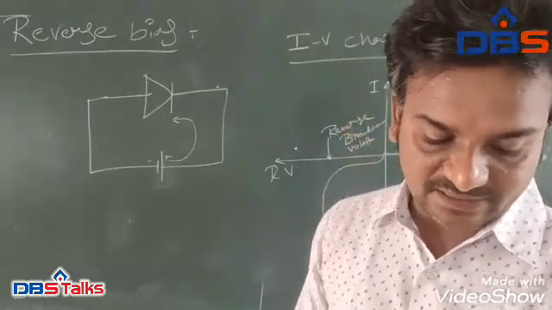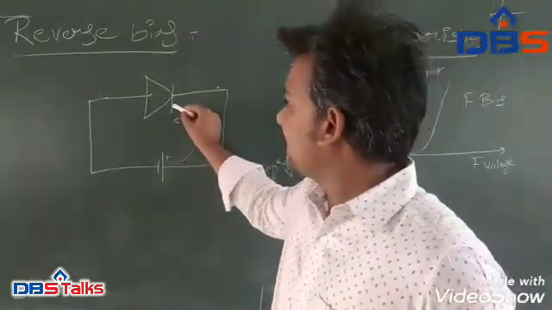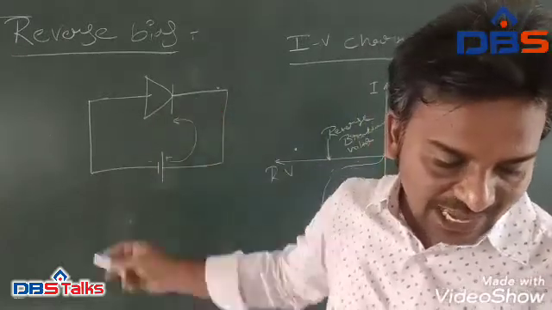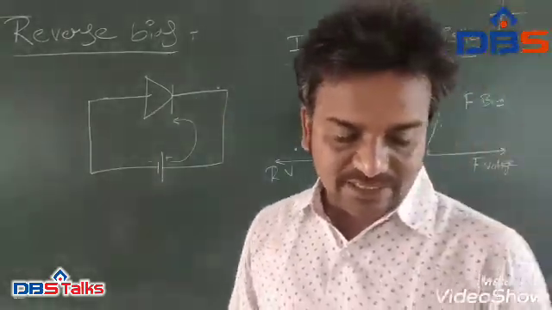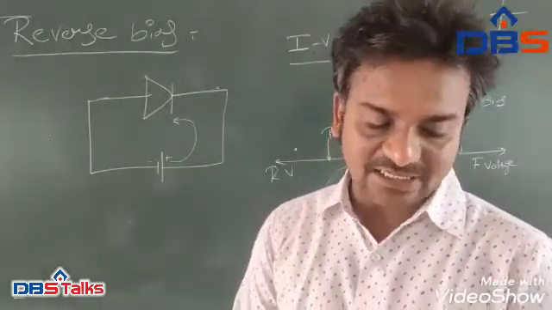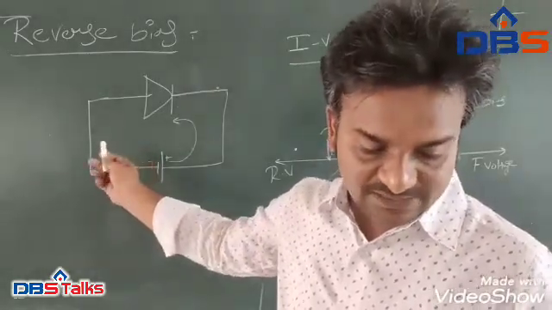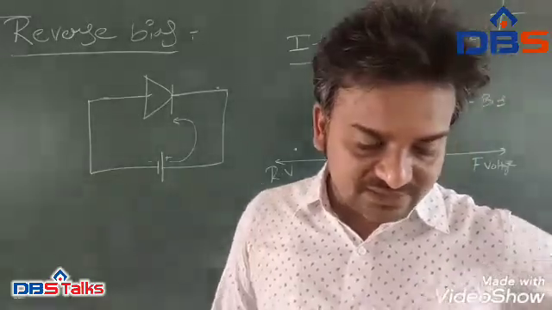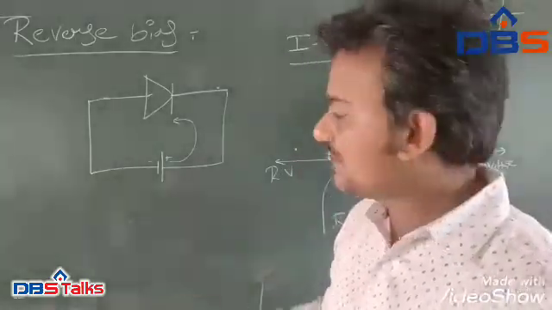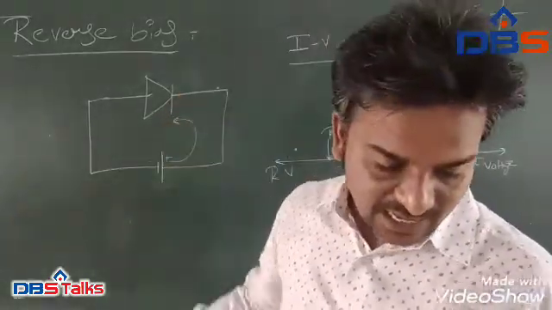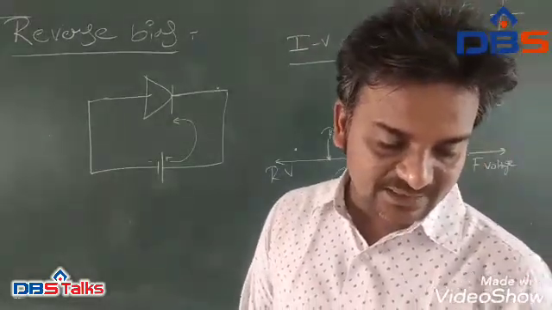The arrowhead in this diagram indicates the P-type semiconductor and gives the direction of flow of positive charge, which is the direction of conventional current, and this bar indicates the N-type semiconductor.